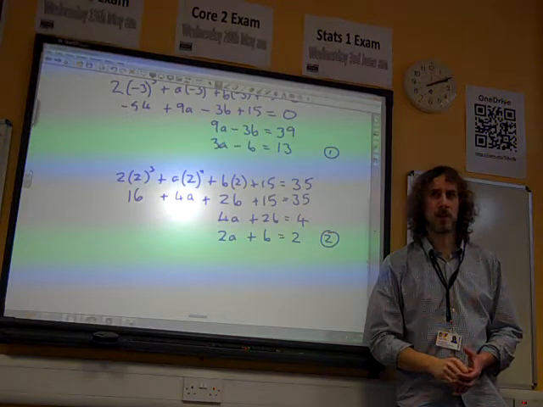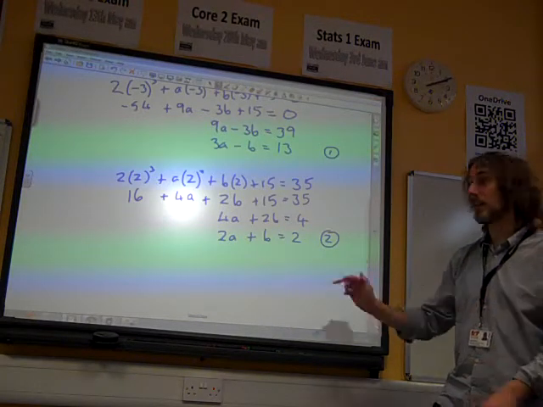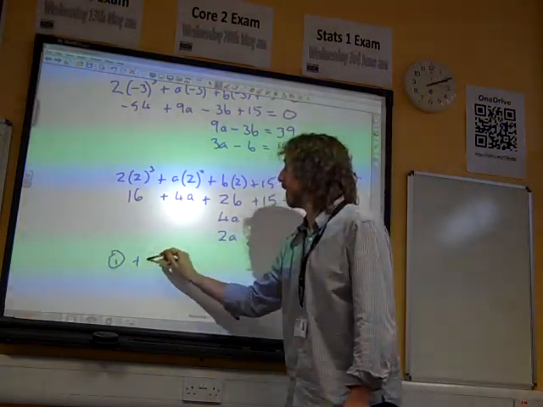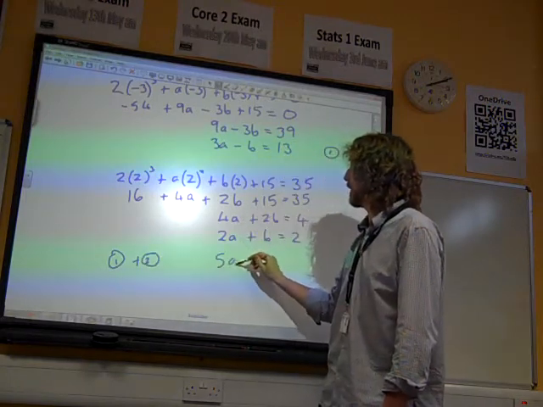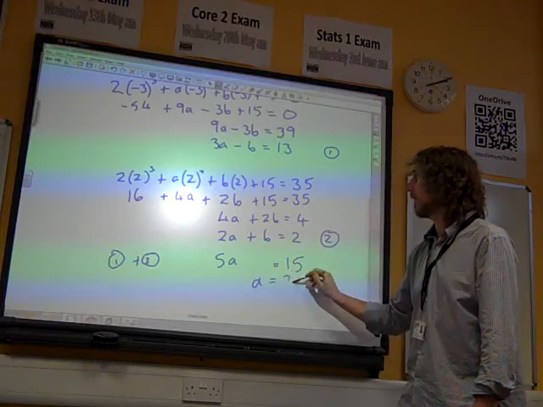Fairly straightforward simultaneous equations. Dave thinks he's going to add them together, and in fact he is. If we add them together, we get 5a, the b's cancel out, that's 15. A is 3.